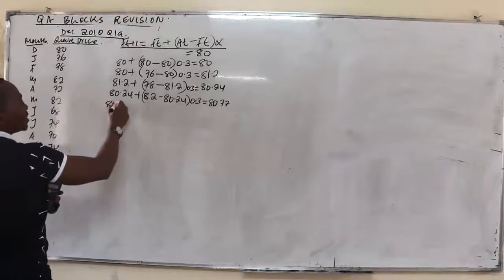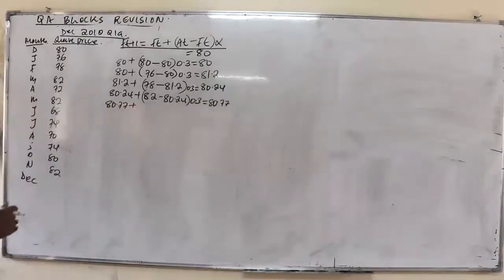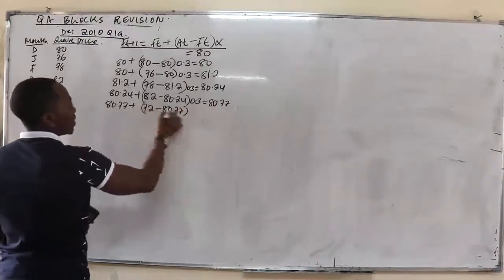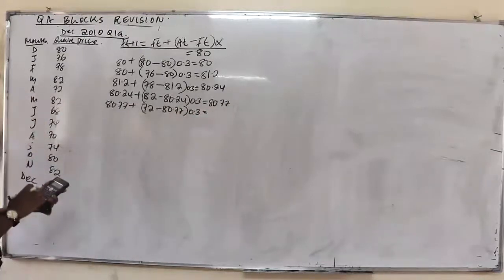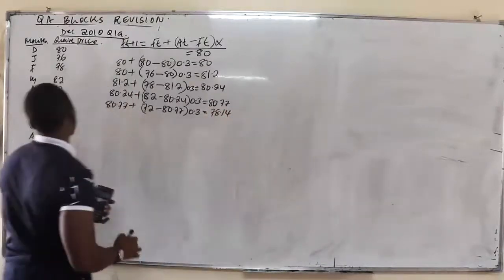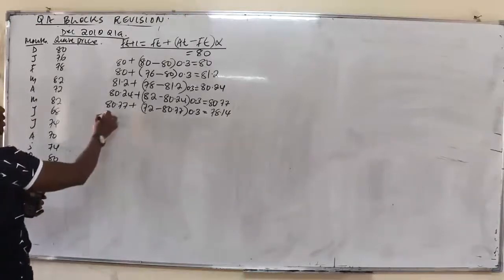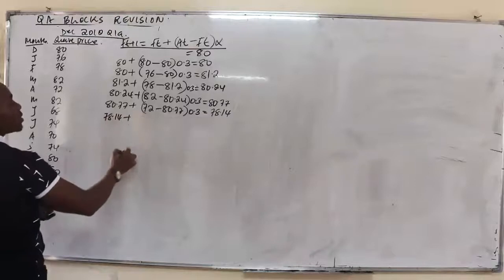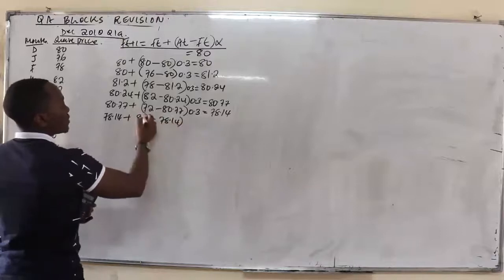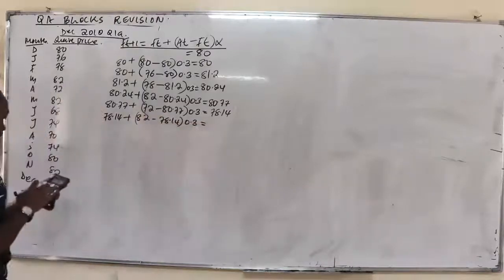Then you have 80.77 plus, the actual for the previous period, which is 72, minus 80.77, multiplied by 0.3. You have 78.14. So here you'll be having 78.14 plus 82 minus 78.14, 0.3.